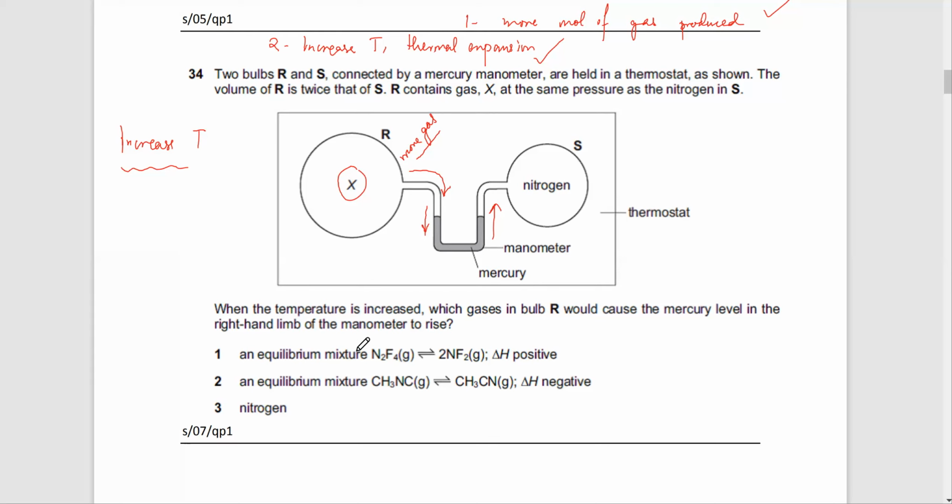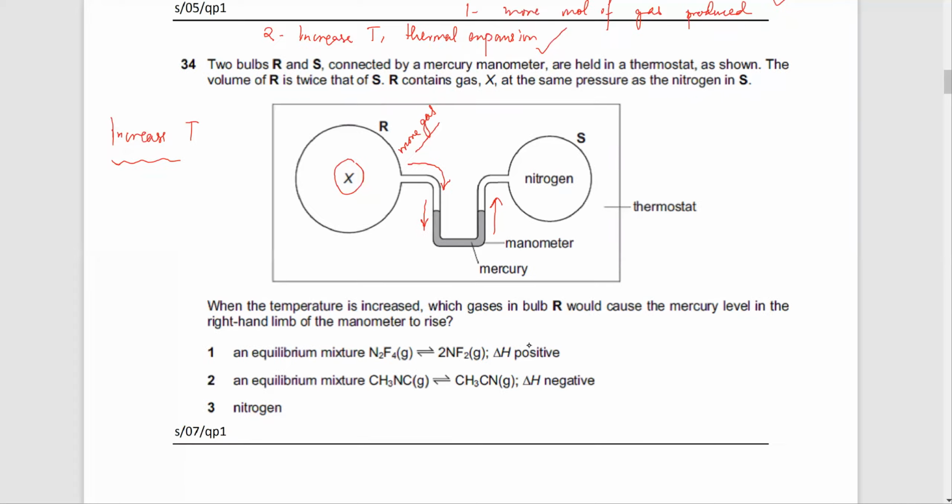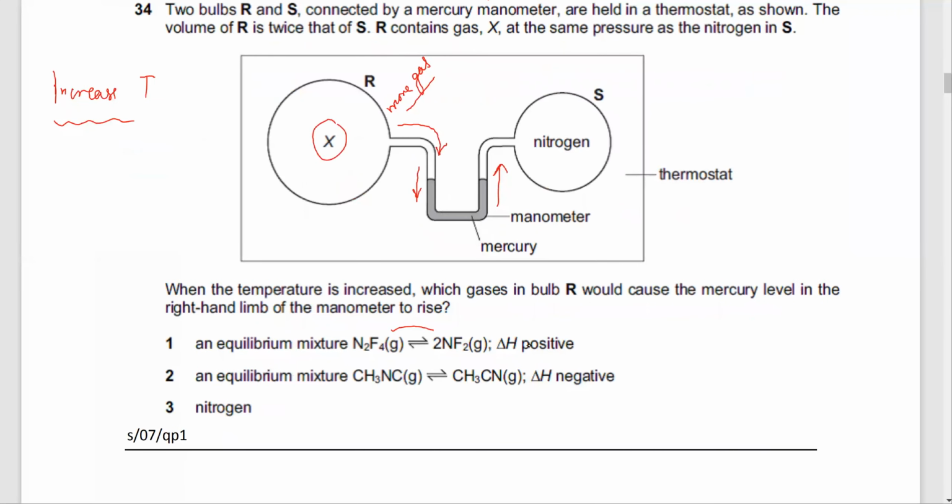In this case, the first reaction is positive, so it's endothermic. The forward reaction is endothermic. So whenever you increase temperature, which reaction would be favored? Endothermic would be favored, and you can see more gas would be produced.